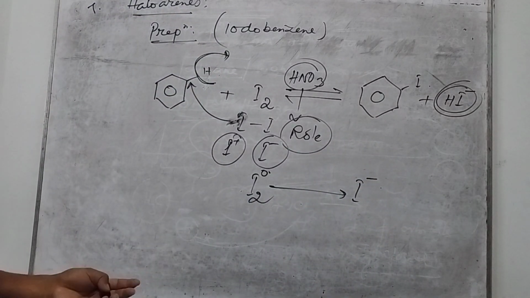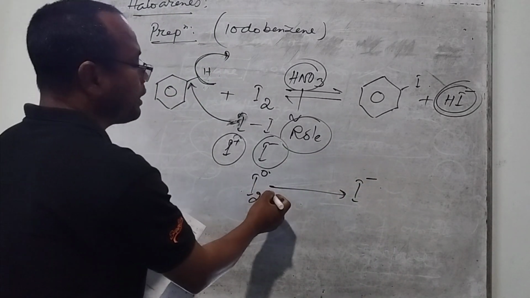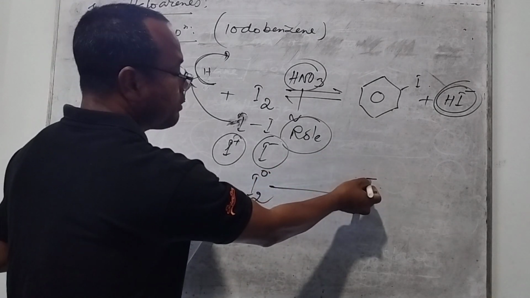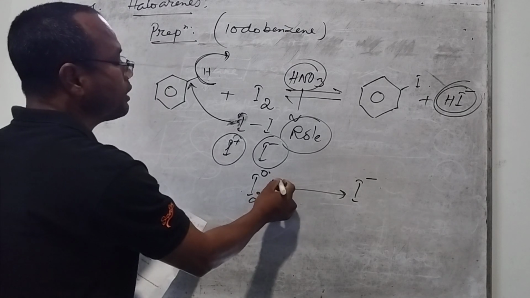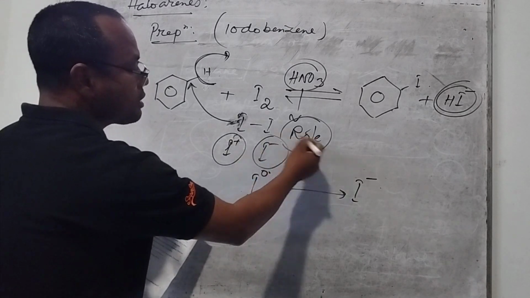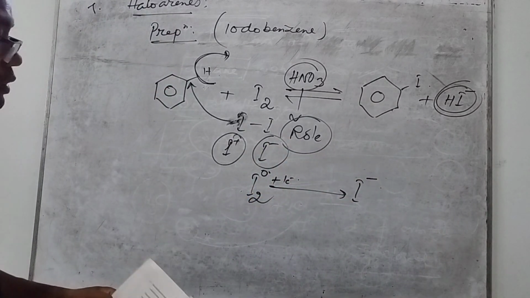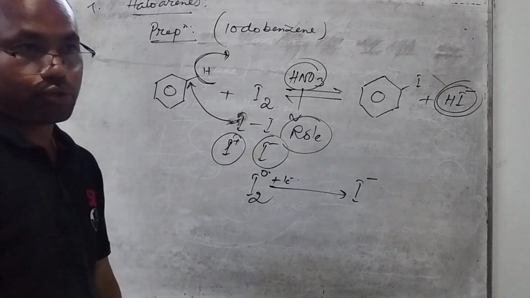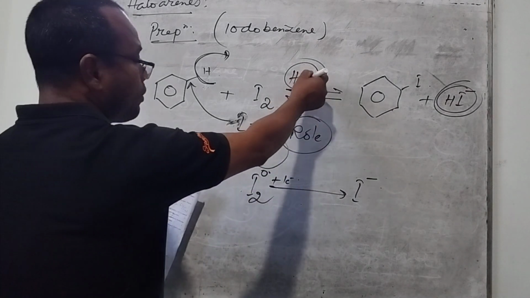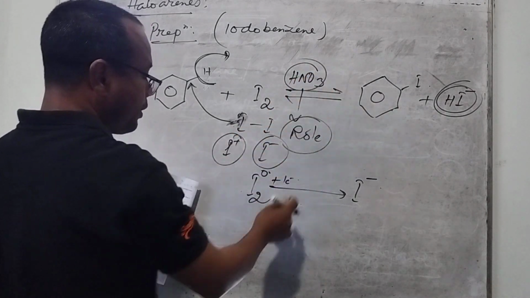What is the reaction here? This reaction is 0 to minus, so what are we doing here? That plus 1 electron, that is the reduction, right? So this iodine is reduced to I minus. So this is the oxidizing agent.